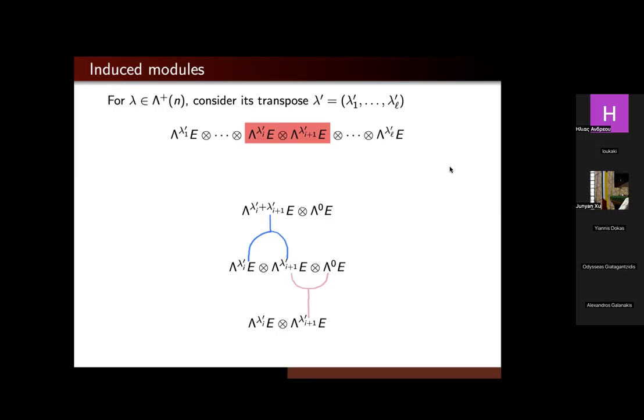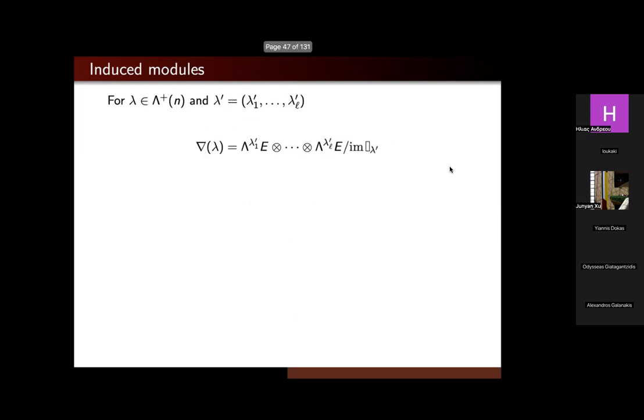If I take the sum of all these maps, the sum over all the possible ways I can do it, and the sum over all the consecutive pairs that I have, I form a very big image inside my tensor product of exterior powers. People refer to this as Buchsbaum's box map. The reason is, I think, that the symbol appeared only the first time in the Akin, Buchsbaum, and Weyman paper. And if I take the quotient, that is my induced model.